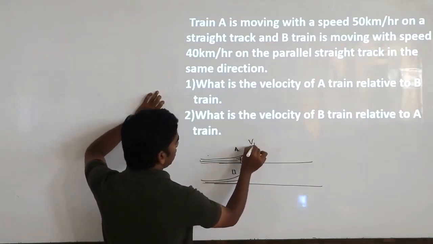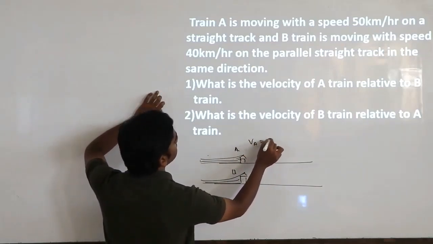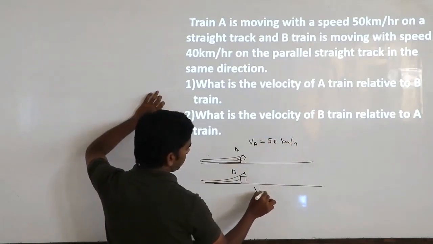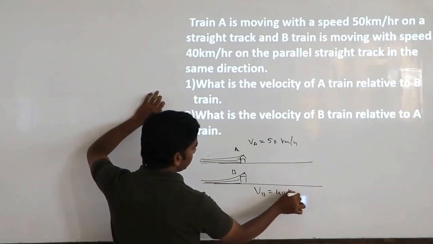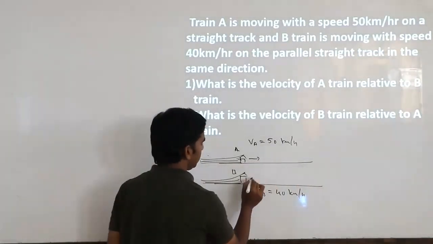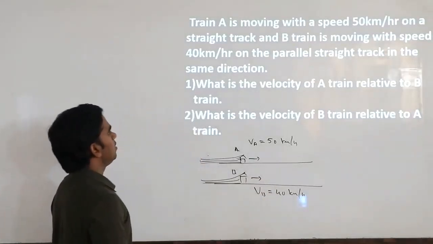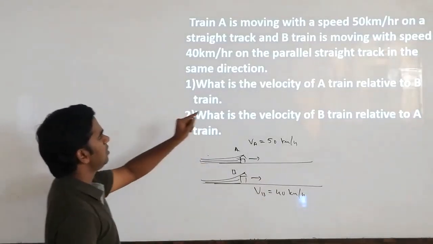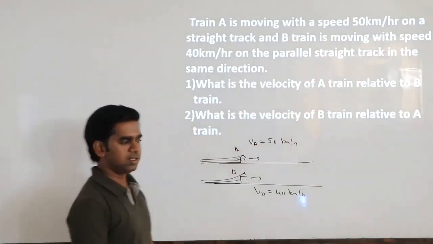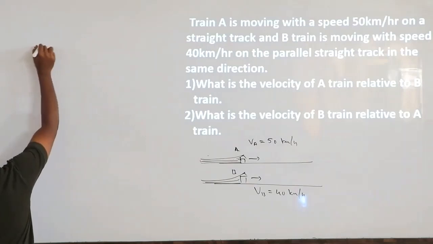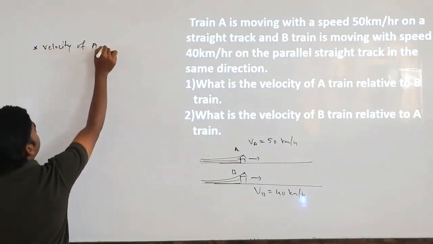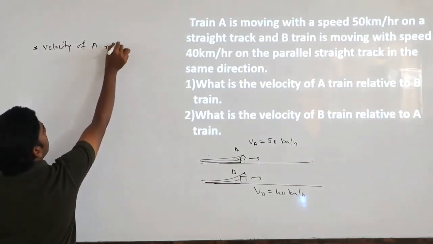Train A and train B. Velocity of A is 50 km per hour. Velocity of B is 40 km per hour. Remember, both are moving in a straight line, in the same direction. Then the first question: what is the velocity of train A relative to train B?